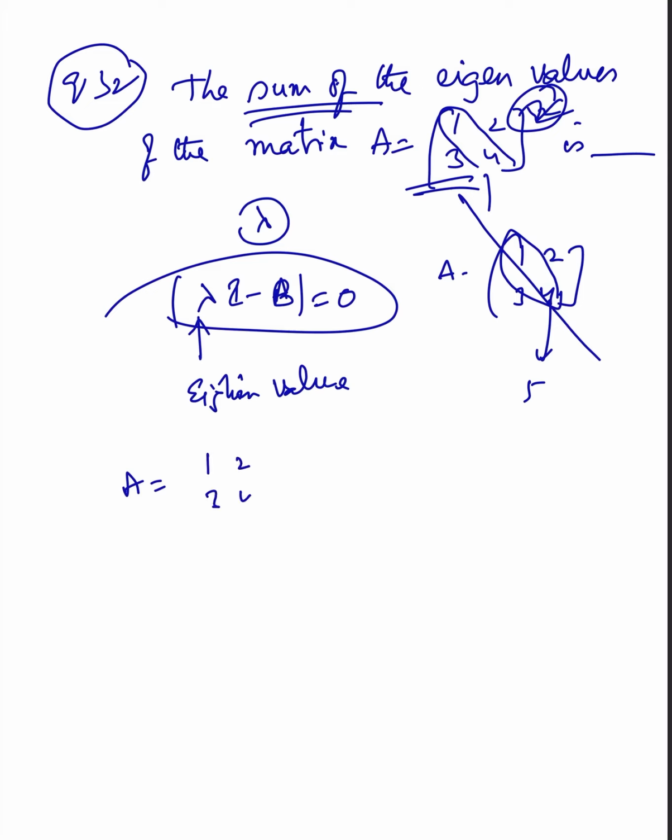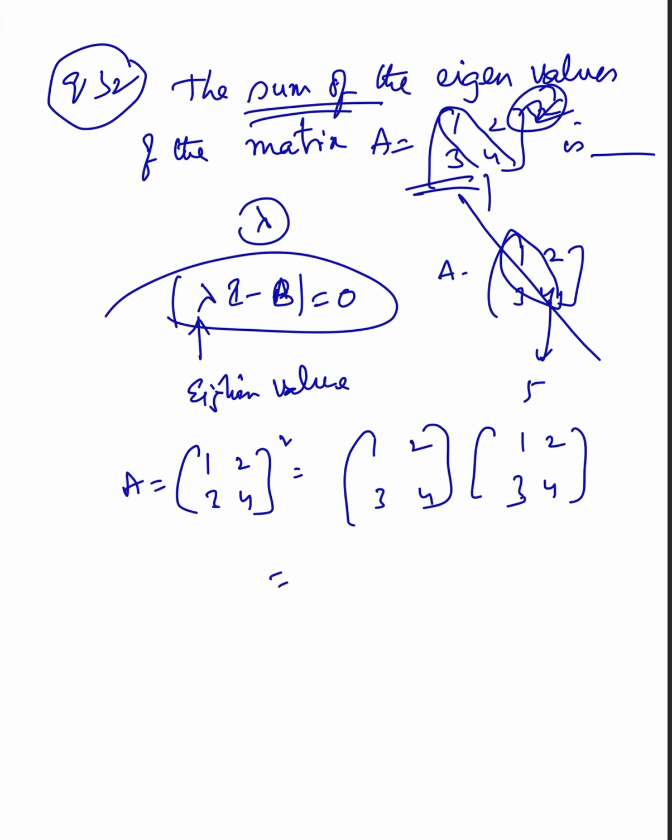1, 2, 3, 4 whole squared is 1, 2, 3, 4 multiplied by 1, 2, 3, 4. So this is 7, 10, 15, 22. Three 2s are 6 plus 1 is 7, and so on, up to 22.